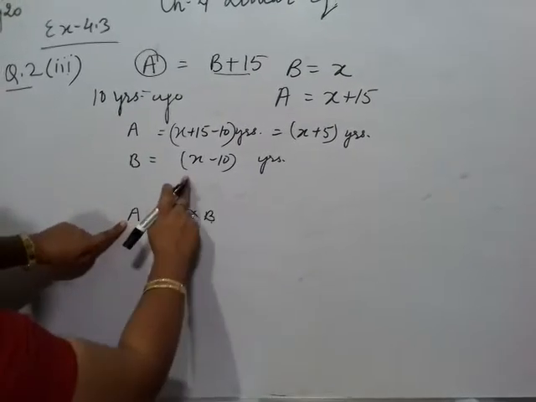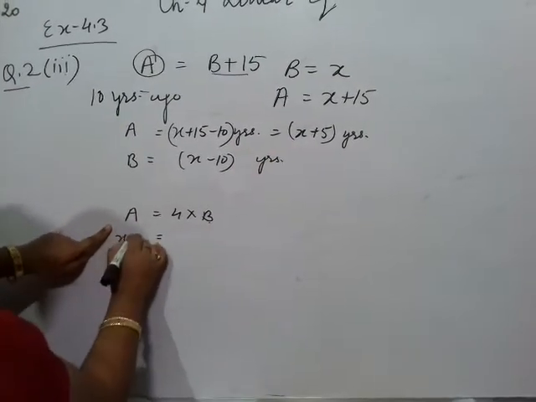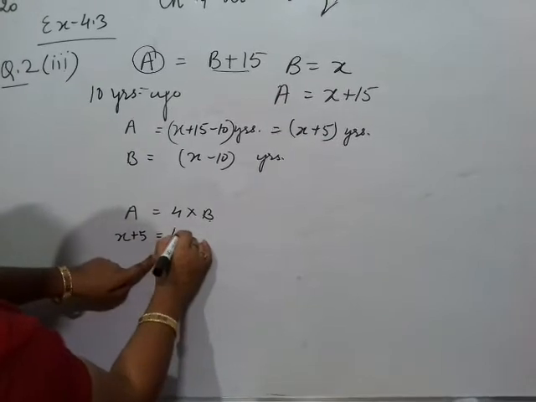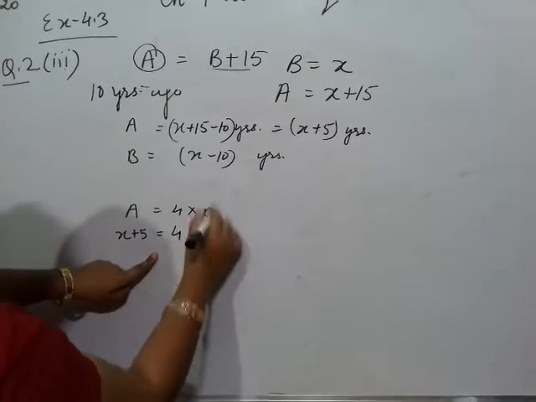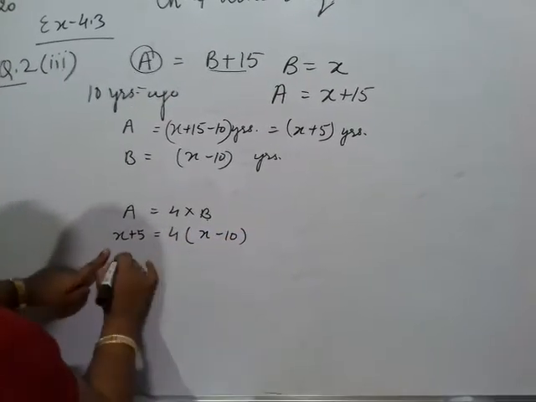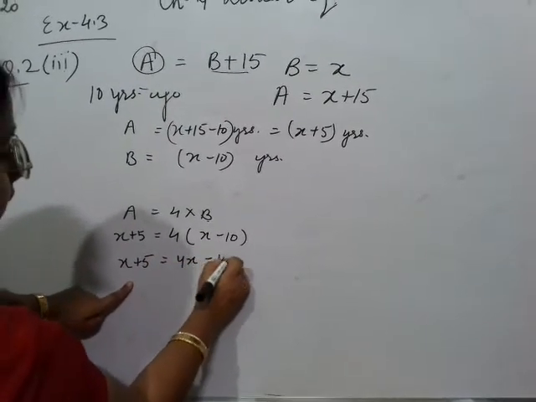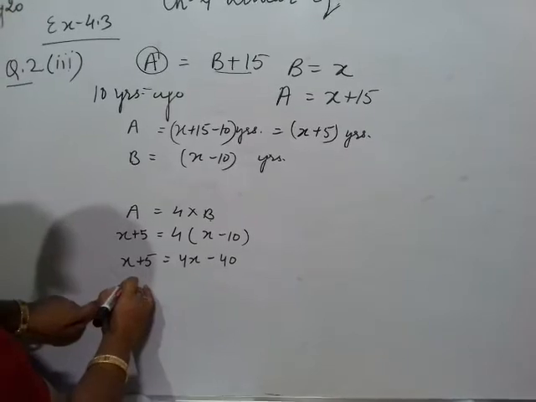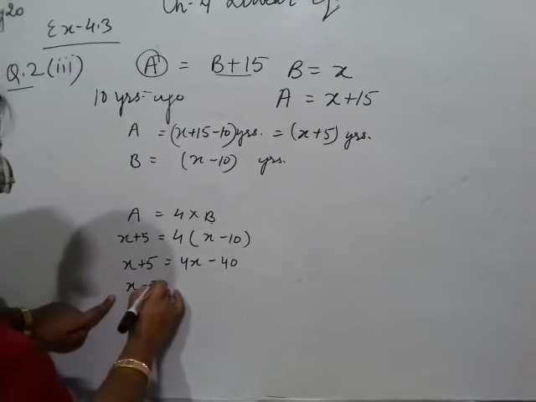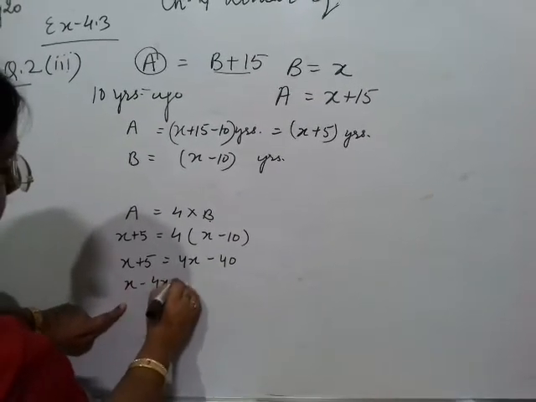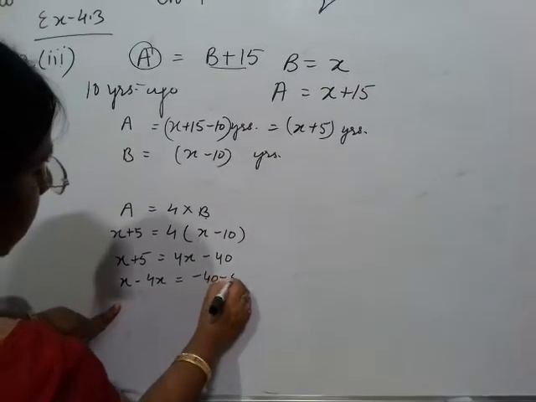A is equal to how much now? X plus 5, and 4 into B's age, that is X minus 10. So X plus 5 is equal to 4X minus 40. So it will be X minus 4X is equal to minus 40 minus 5.